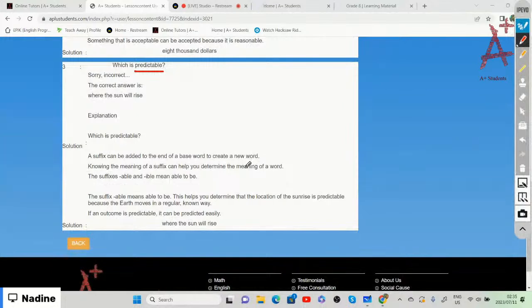So the location of the sunrise is predictable because the earth moves in a regular known way. So we know where the sun will rise and we know where the sun will set, right?